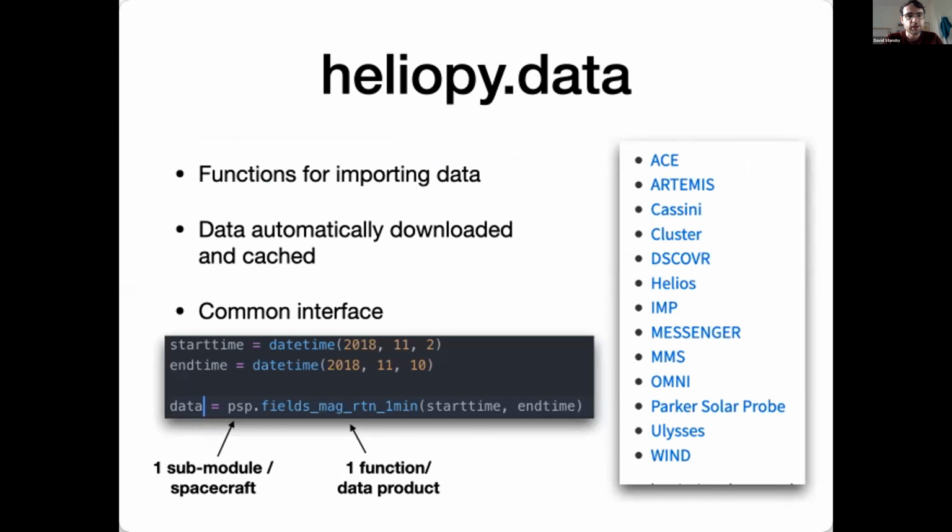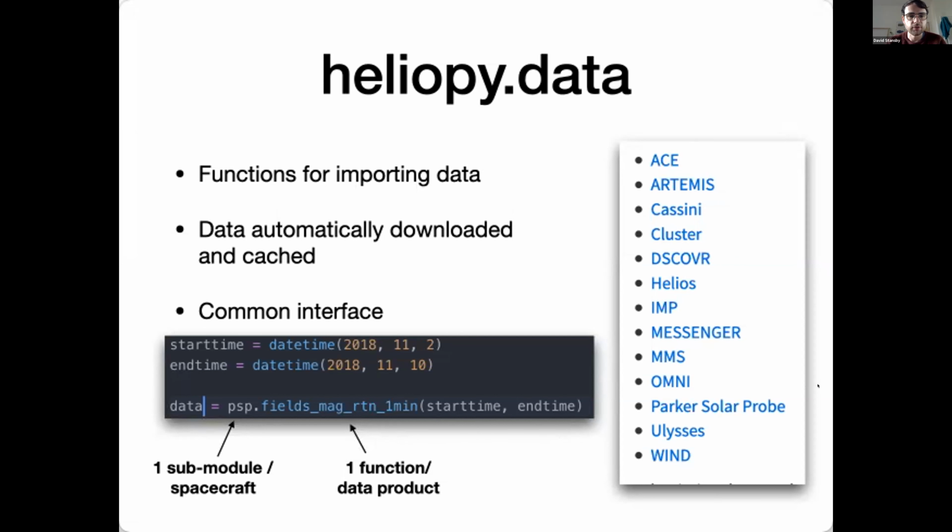It's structured with one sub-module for each spacecraft, listed on the right, and for each data product there's one function. You call this function between a start time and an end time, with other parameters like data level depending on the data product. It automatically downloads and caches the data, and returns it in a variable which I just called data here.